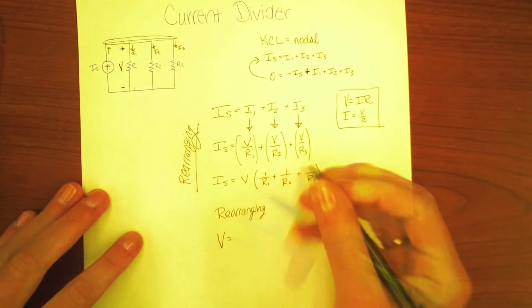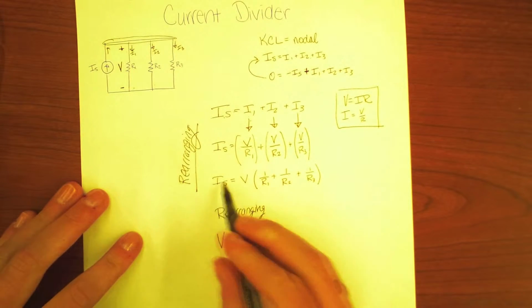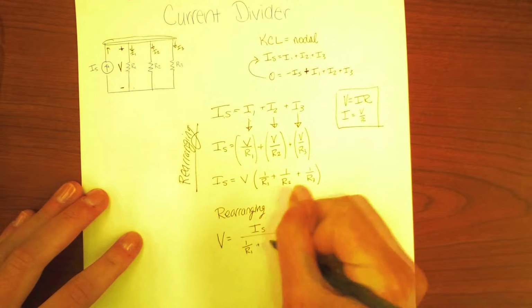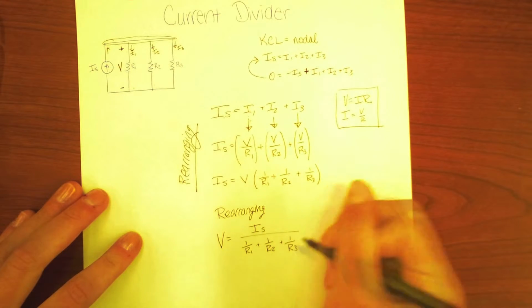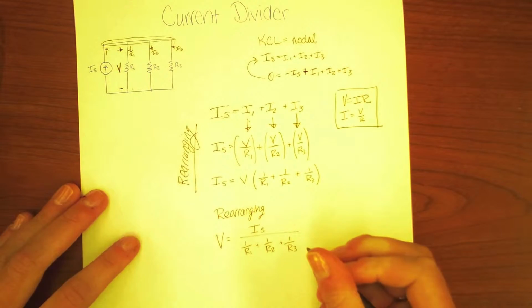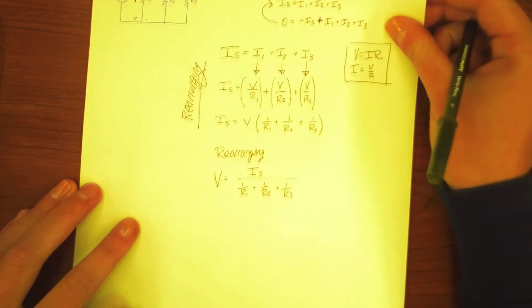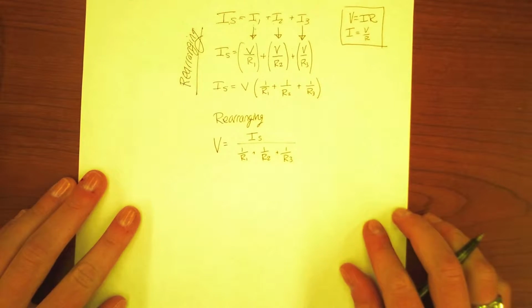So V is going to equal, again just rearranging, your IS over top of 1 over R1 plus 1 over R2 plus 1 over R3.